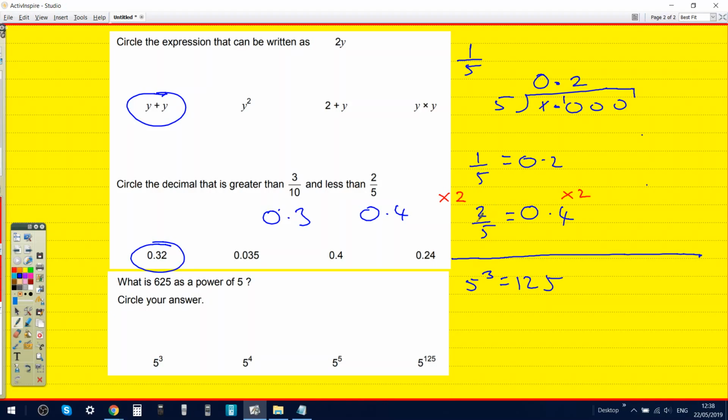Would it be 5 to the power of 5? So what I would do is multiply them both by 5 and see what that gets you. Right, okay.